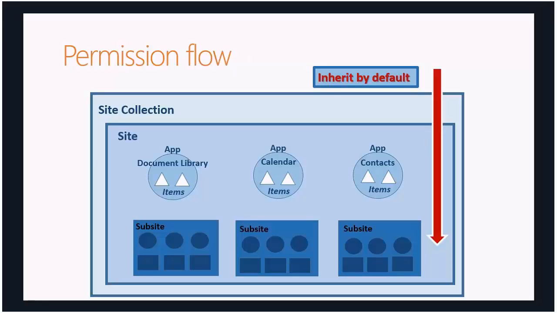If you make a change to permissions at the top of the tree, then that change will flow through the whole structure of your SharePoint by default. So be very aware of that. Also beware that you can certainly change permissions and break permissions and create them as unique, but remember the default is always to inherit from the parent.